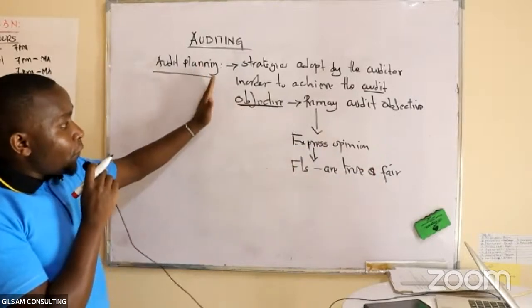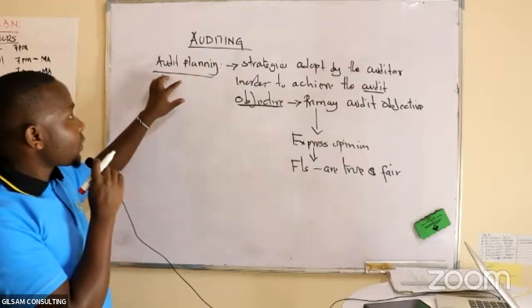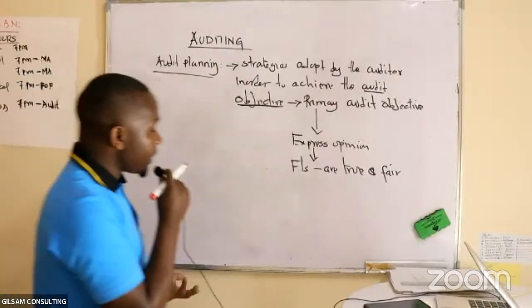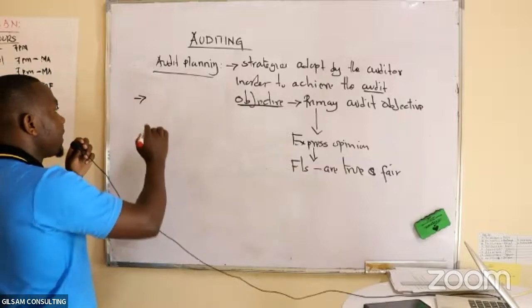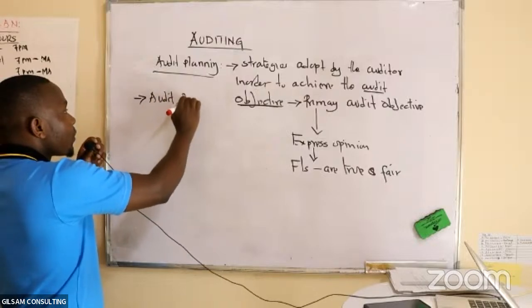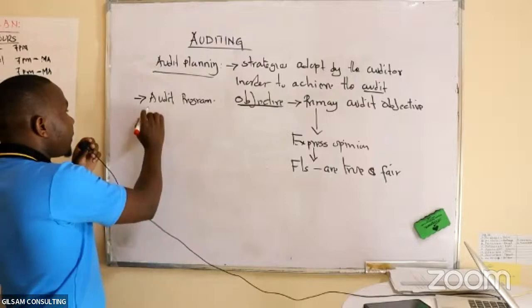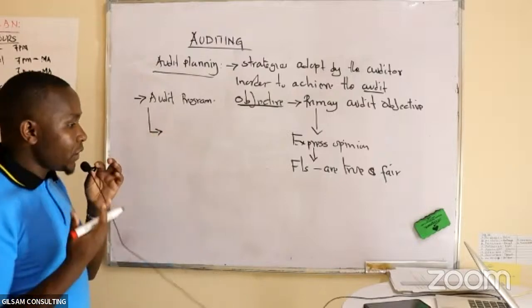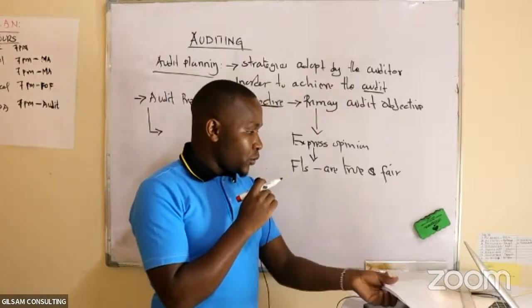So for the auditor to achieve all of this, they must have what is called the audit planning. This audit planning has the audit program also. When we defined an audit program, what is an audit program in your view?